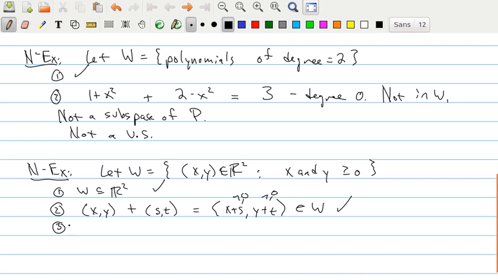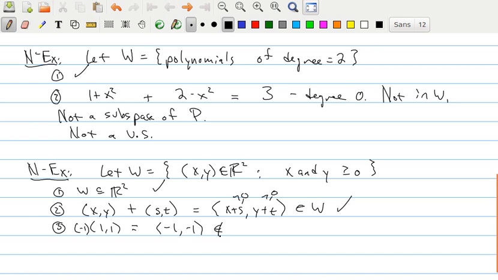If we look at the scalar multiplication, however, take any point in this W. Let's say 1, 1. We should be able to multiply this by any scalar and land back in W. Well, let's multiply this by the scalar negative 1. I multiply this through, we get the point negative 1, negative 1. And this is not in W because the components are not non-negative.